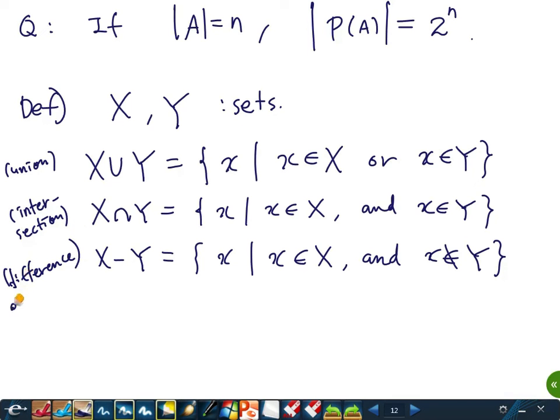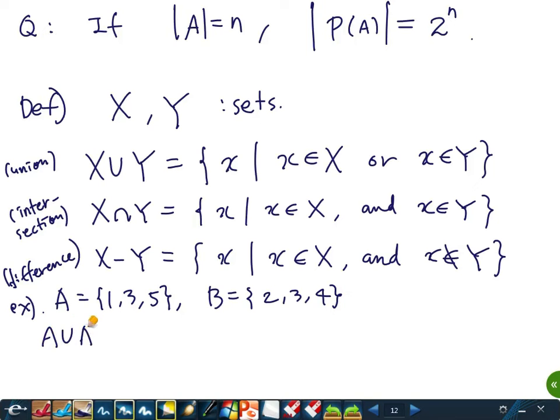So, an example. It's quite a natural operation. Take A and B, with B being 2, 3, and 4. What is the union of these two sets? You just combine them together: 1, 2, 3, 4, 5.